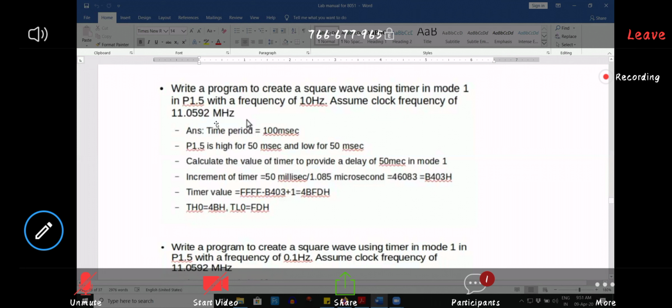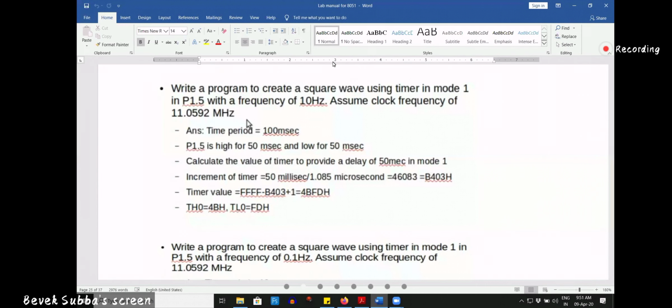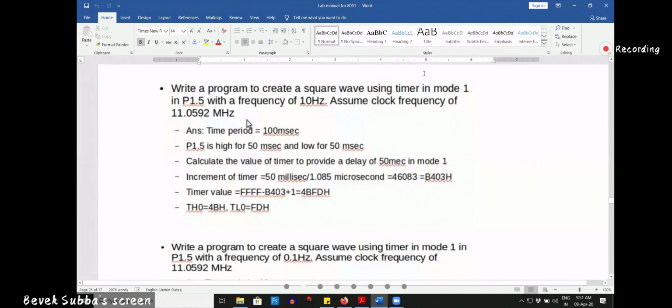That means I need to create one square wave that has a frequency of 10 hertz, and of course it should be in 11.0592 clock frequency. And similar to yesterday's question, that square wave signal should be generated by your pin number 1.5 in mode 1.